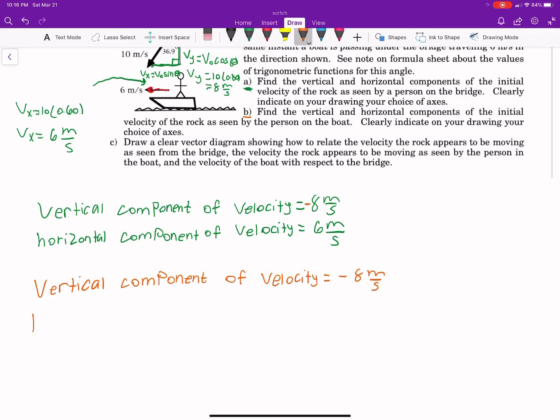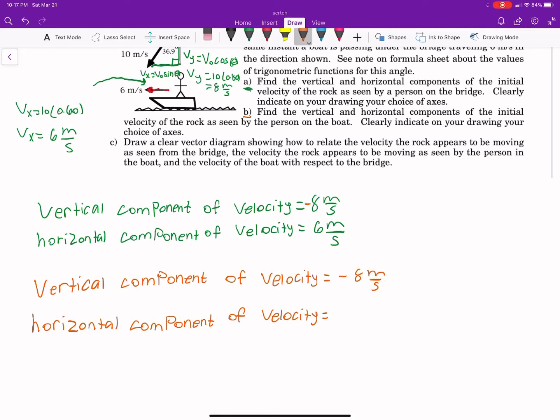Now what's going to change is the horizontal. And I guess the best way to think about this is a little bit of classic relativity. Imagine you're in a car and you're going 20 miles per hour down the road, and the car next to you is also going 20 miles per hour.